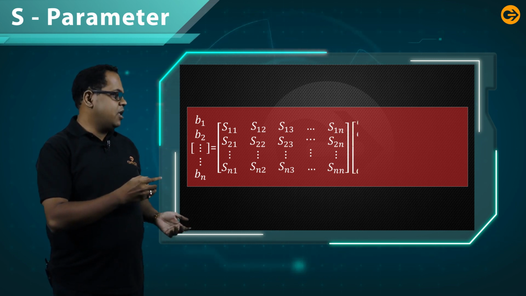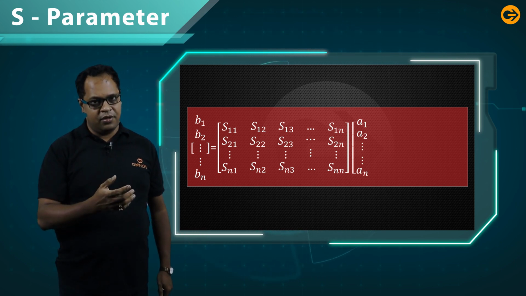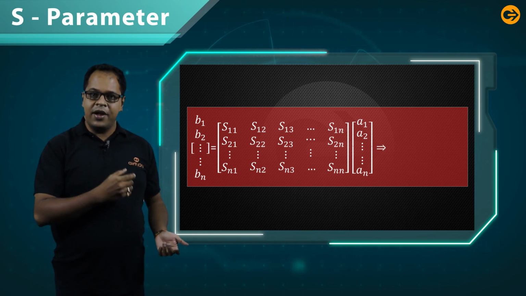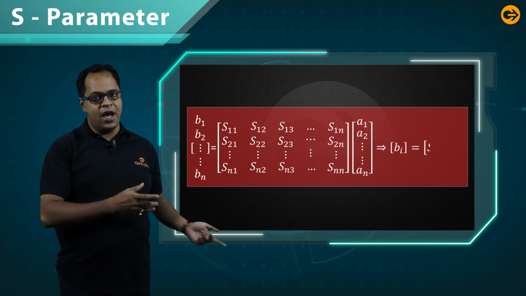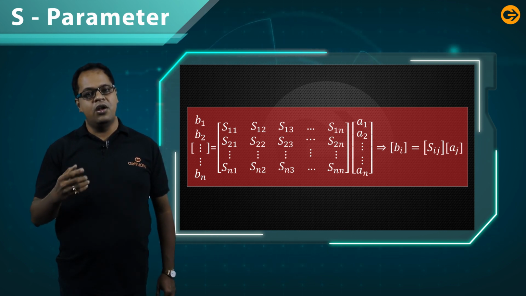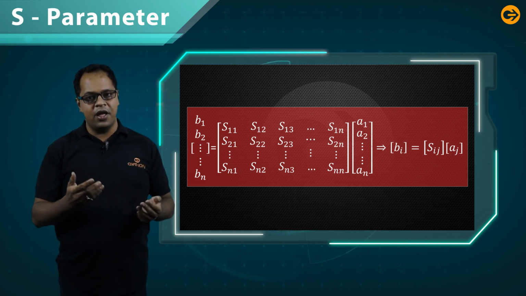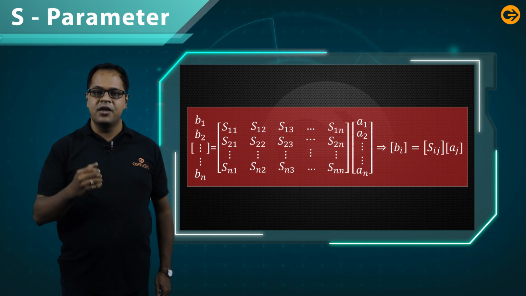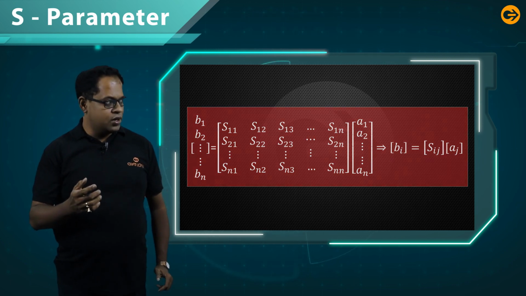This matrix, that means S11 to Snn, is known as your S parameter matrix, multiplied by A1, A2 up to An. What is this B matrix? You can denote this within the third bracket Bi. The Bi is the output reflected signal or power. This S parameter is basically the scattering amount of the signal. And the Ai matrix, that means within the third bracket there is one Ai, is the input signal for that network.